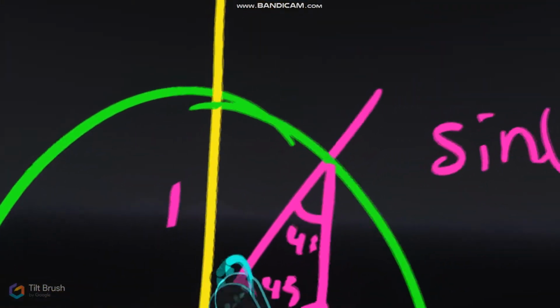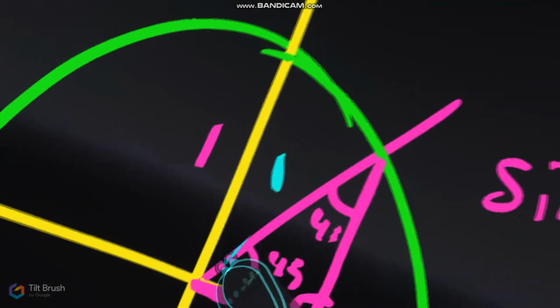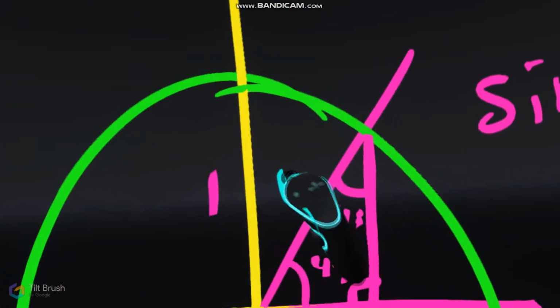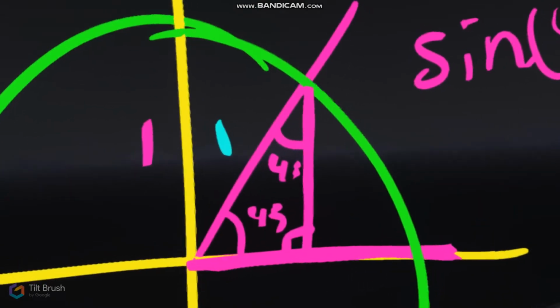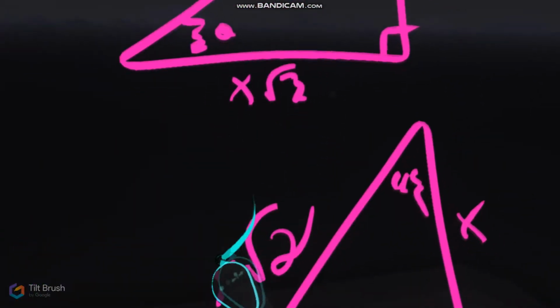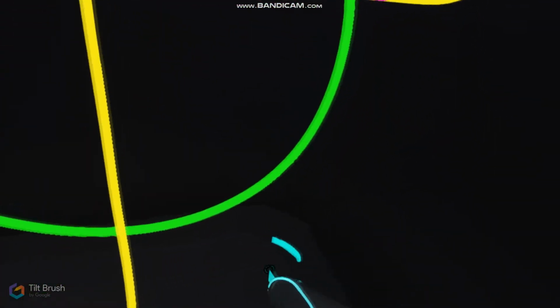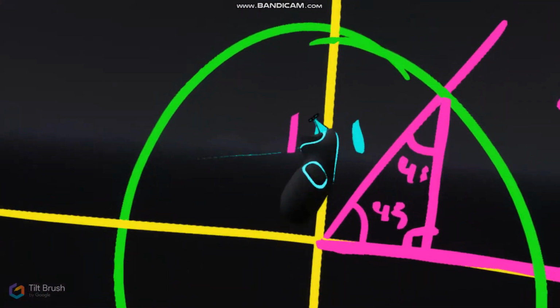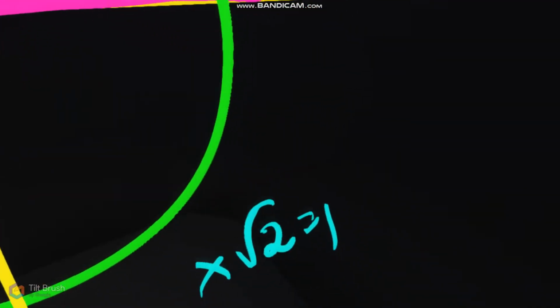Let's assume the radius is 1. That makes this side of the triangle 1, because that's the radius. Since x root 2 equals 1, because that's a proportion, we're trying to find x.